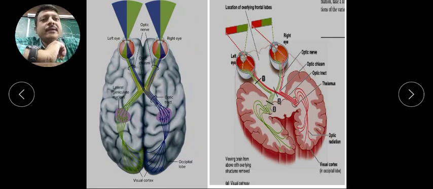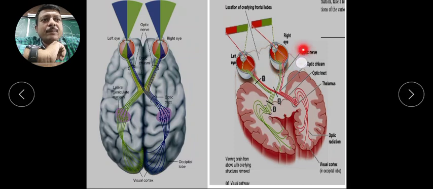I have told that the temporal part is responsible for the nasal side of vision and the nasal part is responsible for the temporal side of vision. Okay, and this is the retina. At the region of the optic disc, the optic nerve leaves the orbital cavity.